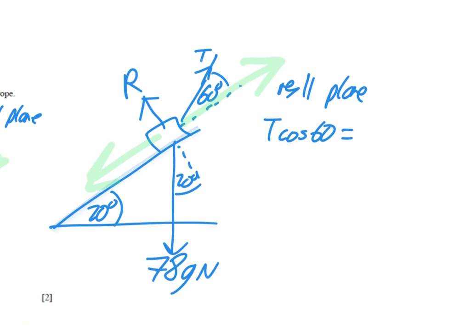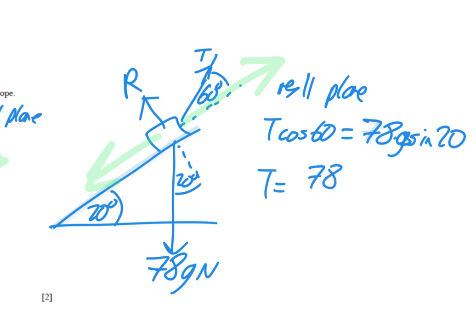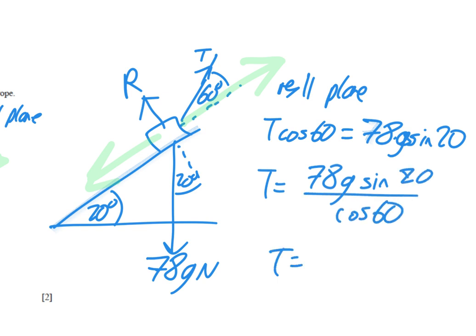So down the slope, you just have 78g sine 20, which means T itself is going to be 78g sine 20 divided by cos of 60, and I haven't used my calculator at all yet.